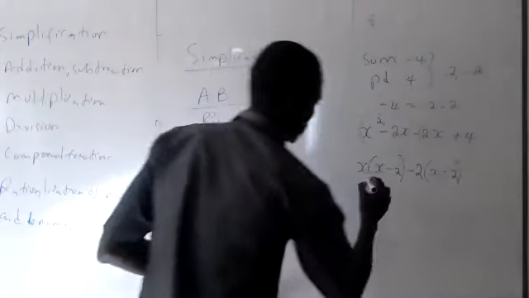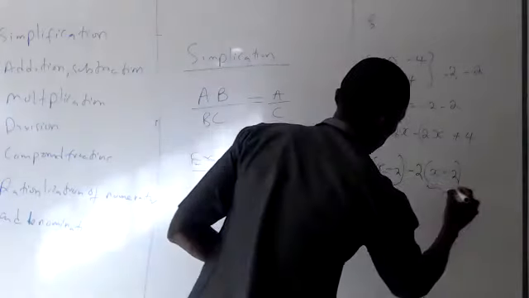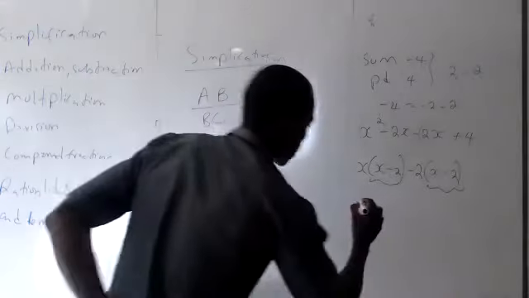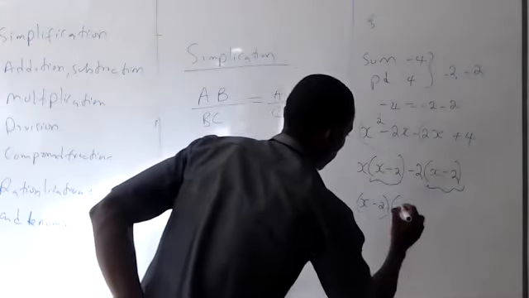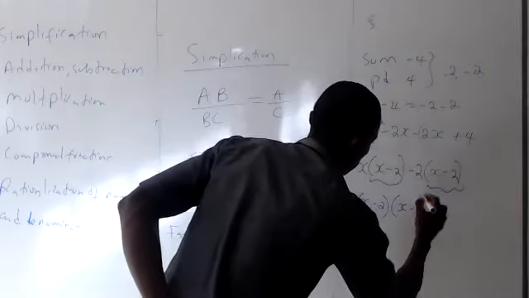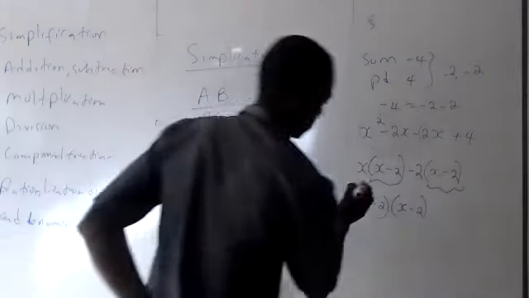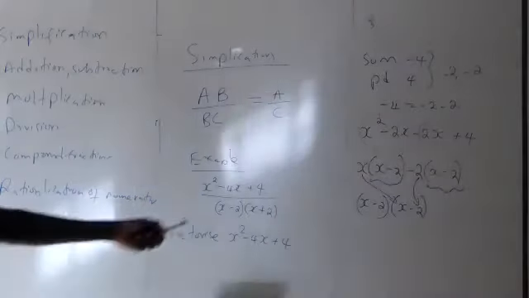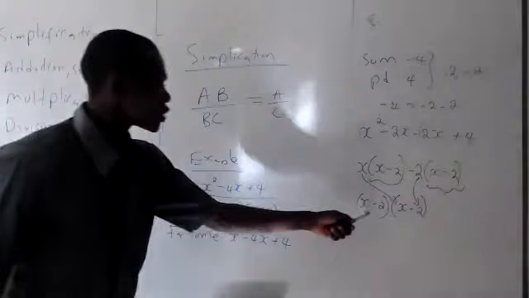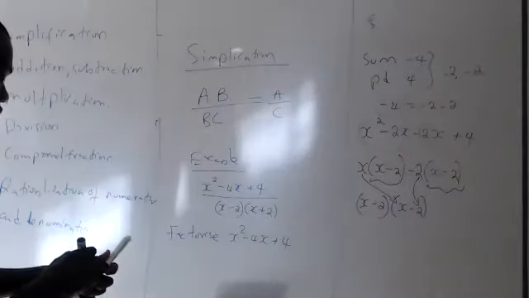So you have x minus 2 as a common factor, and you pull it out, you get x minus 2 times x minus 2. So the numerator factors as x minus 2 times x minus 2.